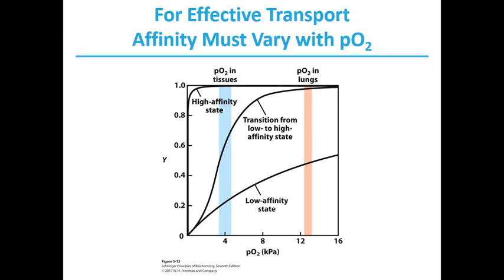Whereas in hemoglobin, consider hemoglobin as 2 alpha and 2 beta subunits. Now, if oxygen binds to this heme in this subunit, let's say this is alpha 1, this is beta 1, this is beta 2, and this is alpha 2.